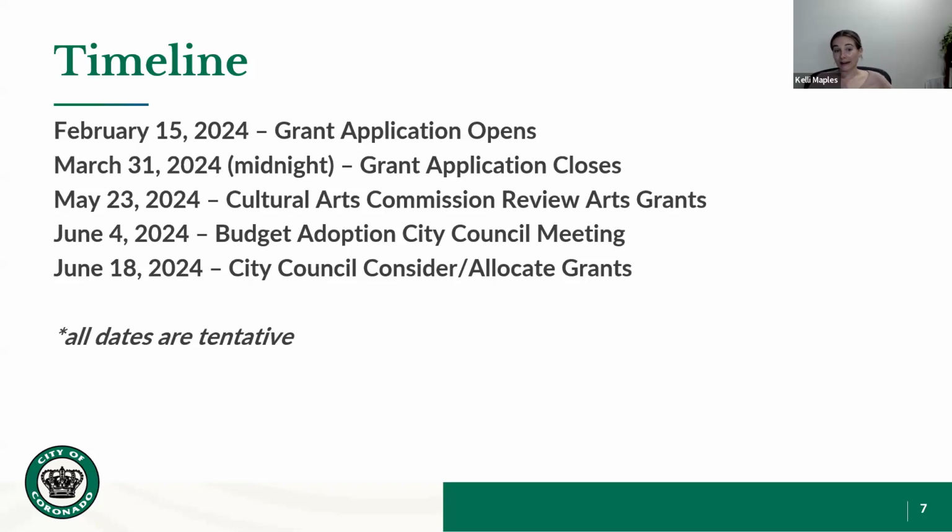Then on June 18th, the City Council will consider and allocate the grants. All of these dates are tentative, but I'd say that they're pretty set in stone. I believe the June dates are officially set in stone unless we have a special meeting. So you can definitely use this as a guide going forward through the process.